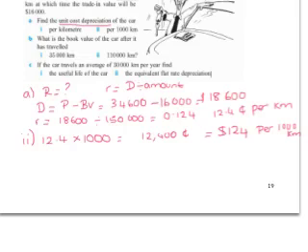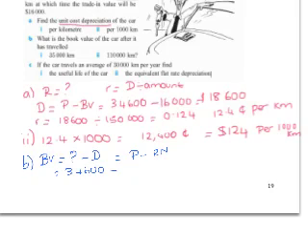Now in B, we're being asked what is the book value of the car after it's travelled 35,000 kilometres. So the book value is the purchase price minus the depreciation, and depreciation is the rate of depreciation times the amount of use. Purchase price was 34,600.